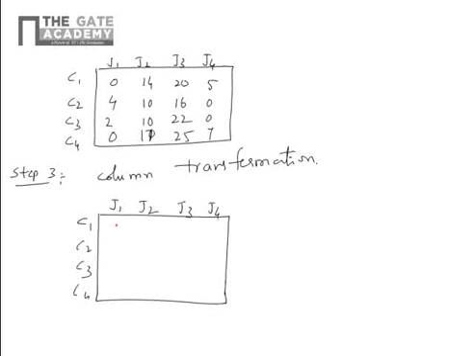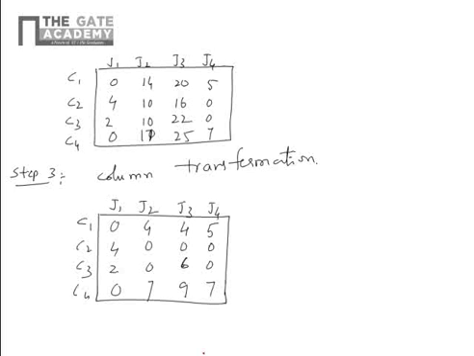In the first column the smallest value is 0, subtract 0 and you get the same values. In the second column it is 10, subtract 10 from all the values. In the third column it is 16, subtract 16. In the fourth column the smallest value is 0, subtract 0.